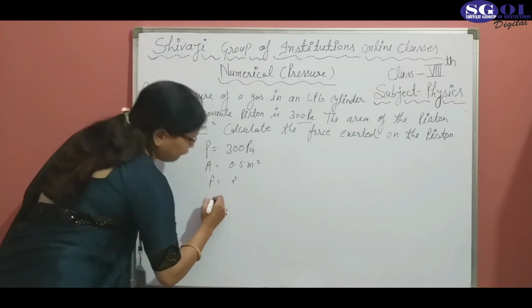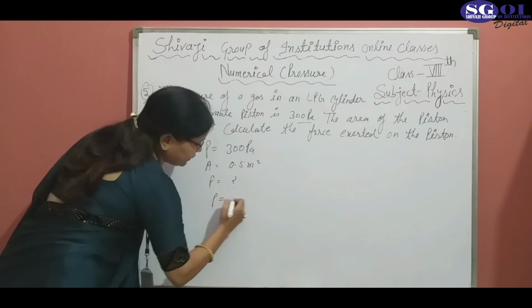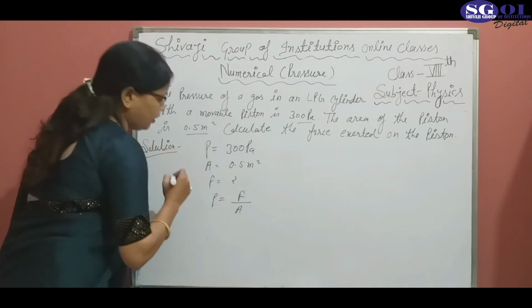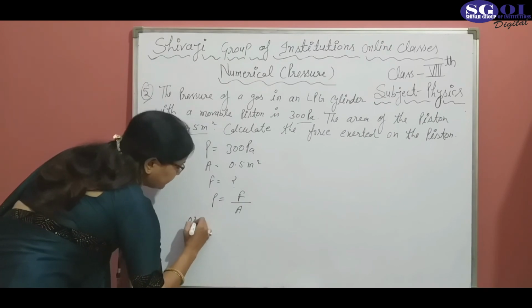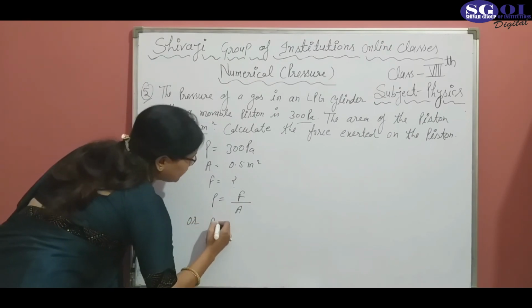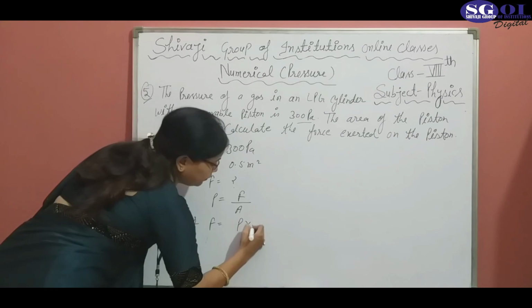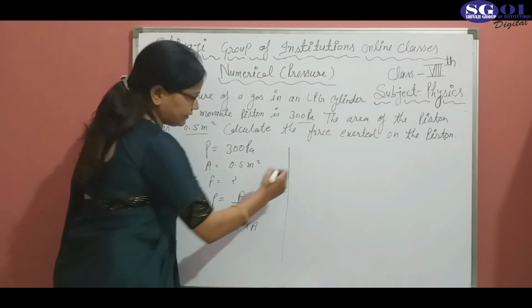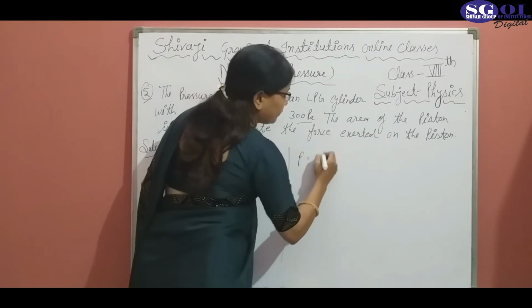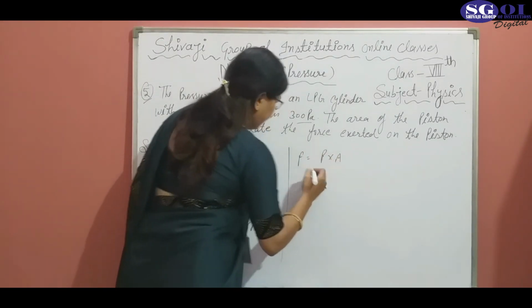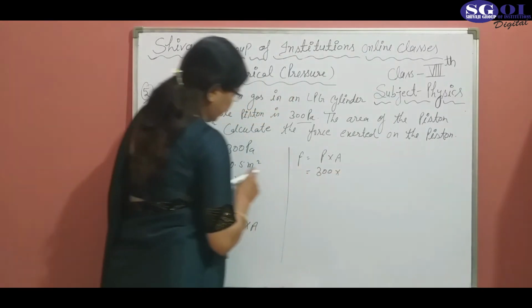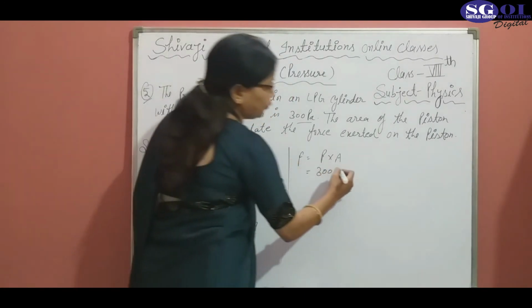As you know, pressure equal to force divided by area of cross section, or we can write force equal to pressure into area. Here pressure is 300 and area of cross section is 0.5.